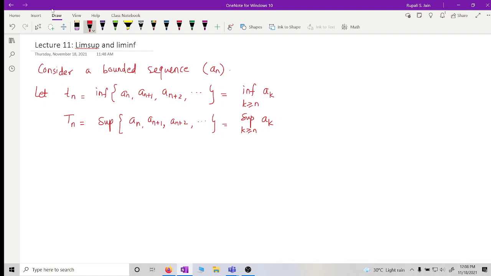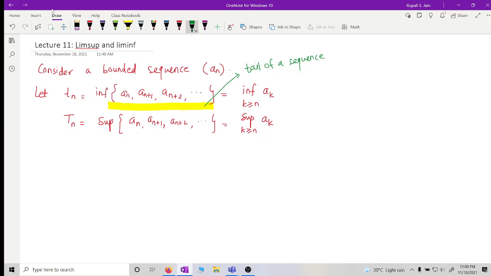Actually this a_n, a_(n+1) and so on is called a tail of the sequence a_n. Whatever sequence is there, consider its tail and take the infimum of that tail and call it small t_n.